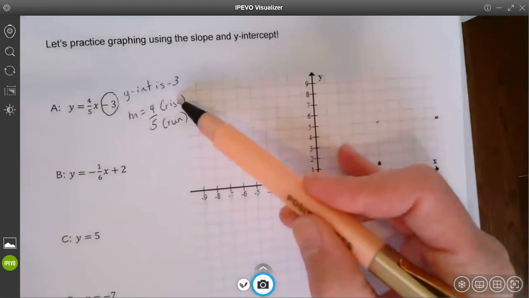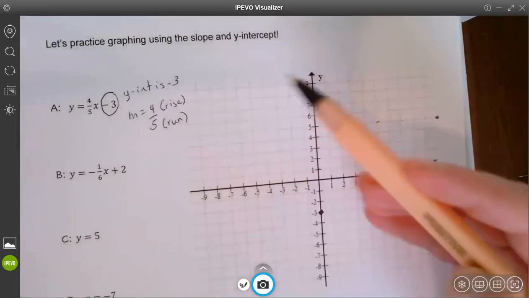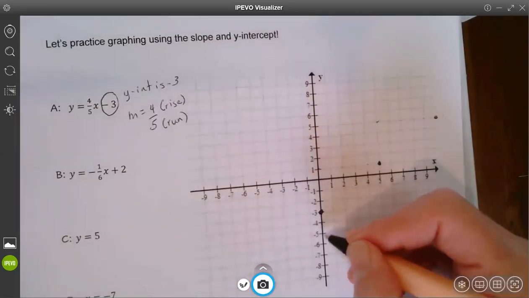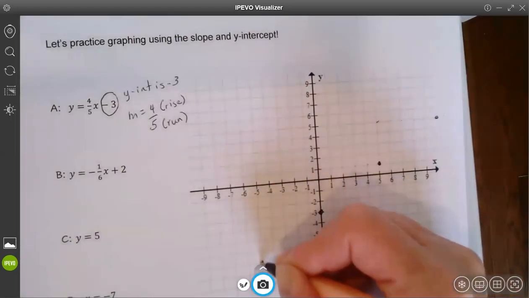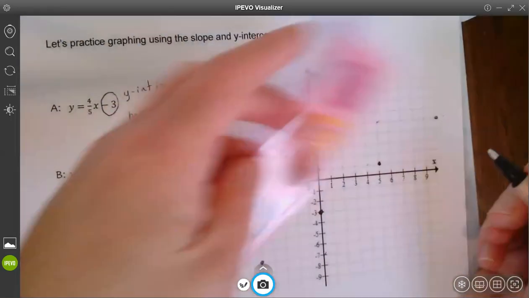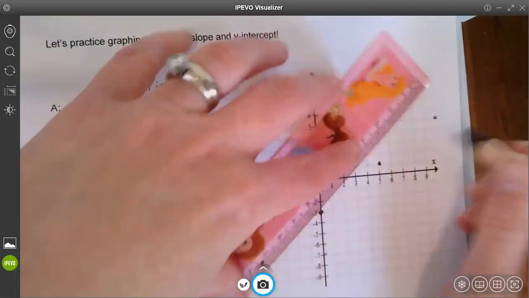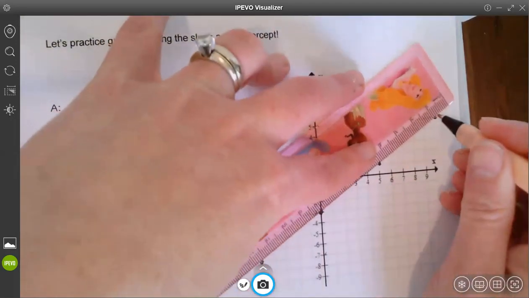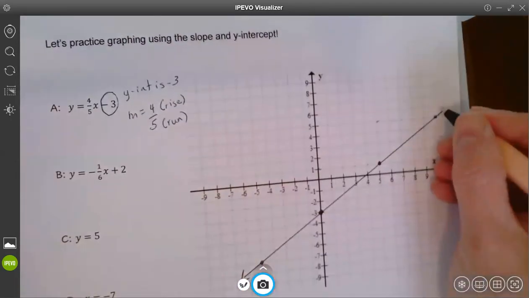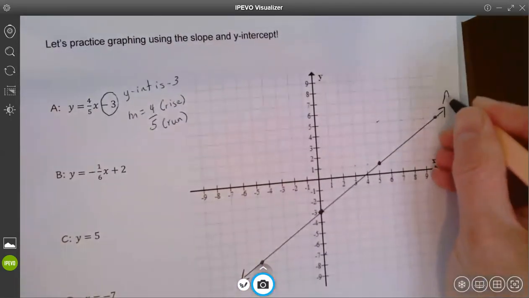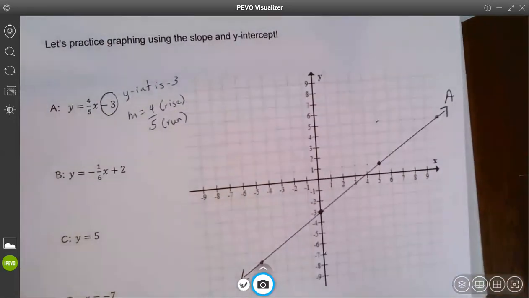Instead of going up 4, I'm going to go down 4, 1, 2, 3, 4, and then go backwards 5. That will give me another point. Then I get out my ruler, connect the points, put my arrows on to show that this line continues in each direction, and I'm going to graph that line A.